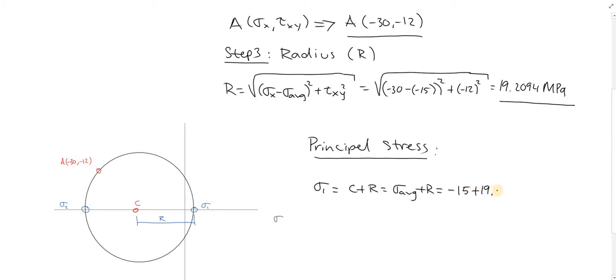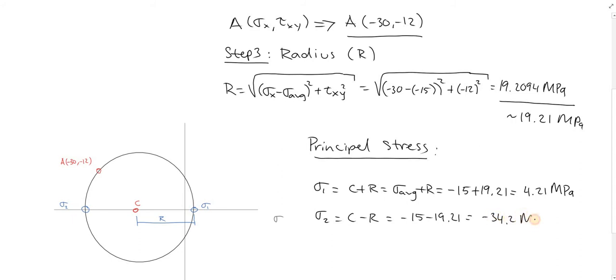I'm just going to round this up now. The maximum principal stress is 4.21 megapascals. For the minimum principal stress, it's again our center point, but this time we go minus the radius. So minus 15 minus 19.21, which is negative 34.2 megapascals.